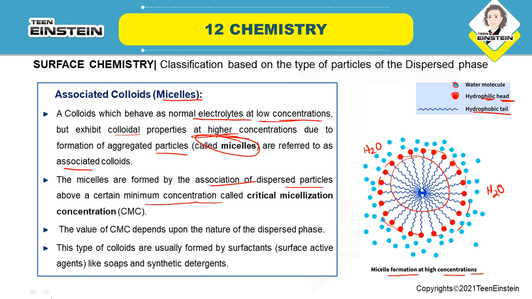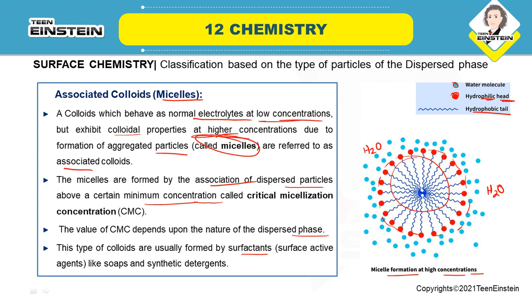Now this value of CMC, obviously it will depend on the nature of dispersed phase, that is what type of molecule you have taken, it will depend on that. And this type of colloids, that is associated colloids, mainly formed by surfactants. Now what is surfactants? Surfactants is basically surface active agent.